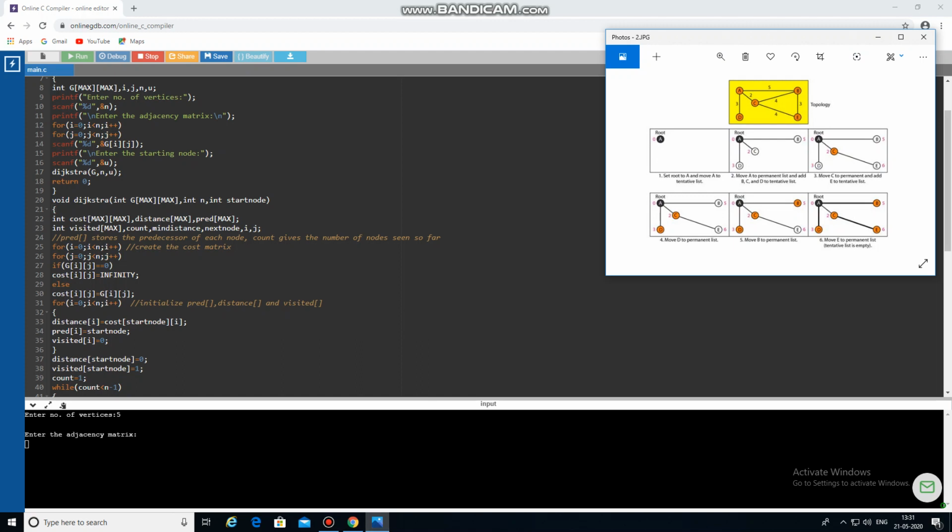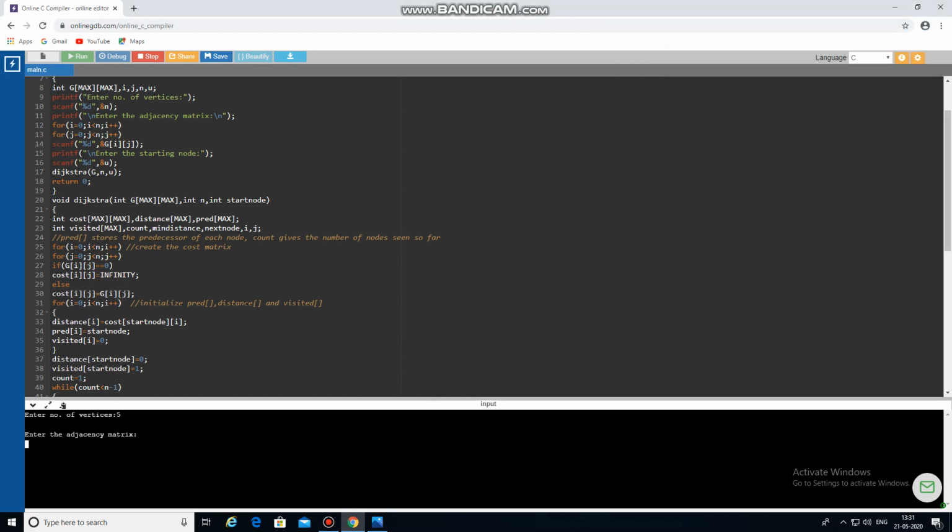Now the cost matrix for this is: from A to A it is 0, A to B it is 5, A to C it is 2, A to D it is 3, A to E we don't have a direct connection, so we enter it as 999. We will update the entire matrix: 0, 5, 2, 3, 999.